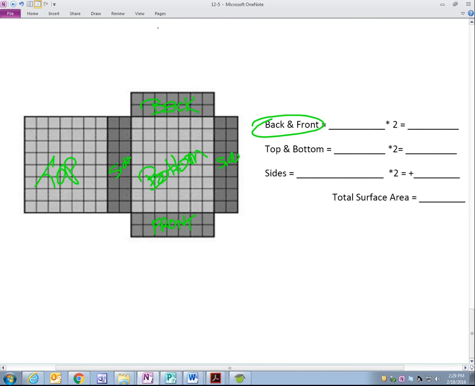So for the back and the front, we have 1, 2, 3, 4, 5, 6, 7. 7 by 2. So that's going to be 14. 14 times 2, that's 28. For this one here, we have 1, 2, 3, 4, 5, 6, 7, 8. 8 by 2 is 16. 16 times 2, 32.